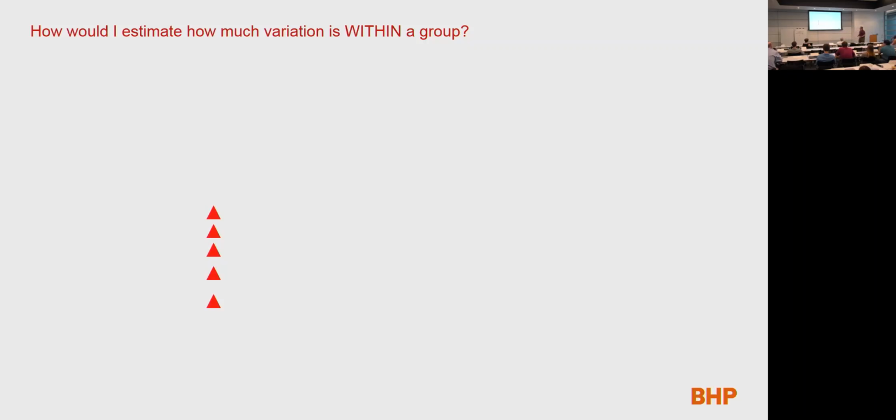Now, how would I estimate how much variation is inside or within this group? Difference between small and large. So which difference would you calculate, Alex? The smallest to the largest. What would that attribute or calculation be?